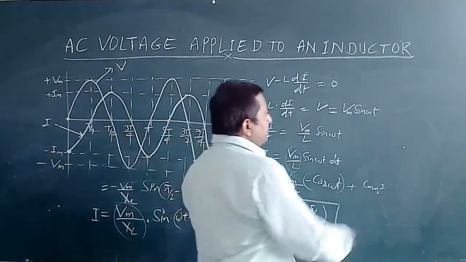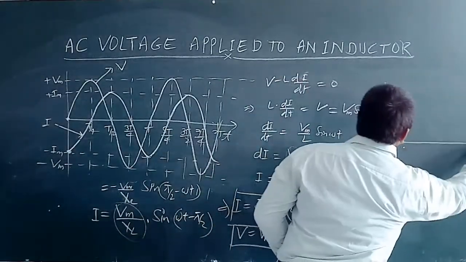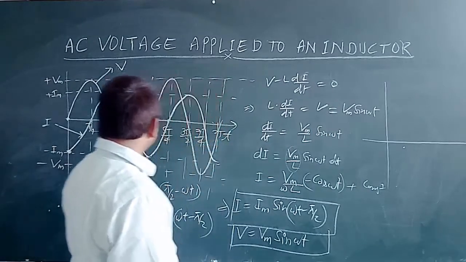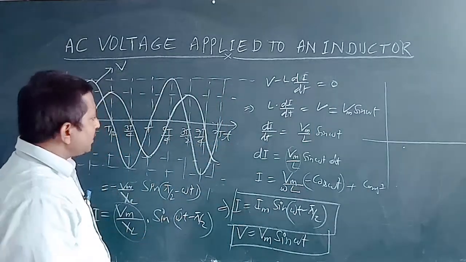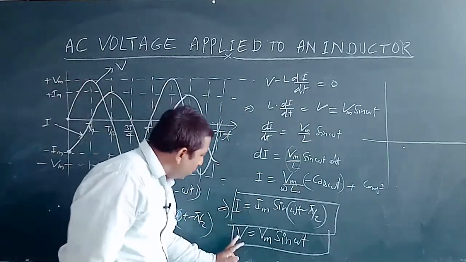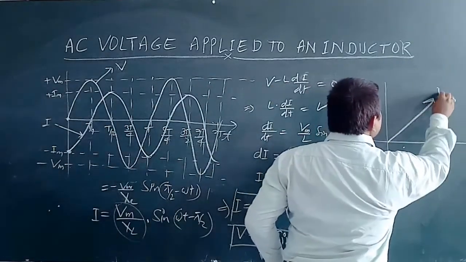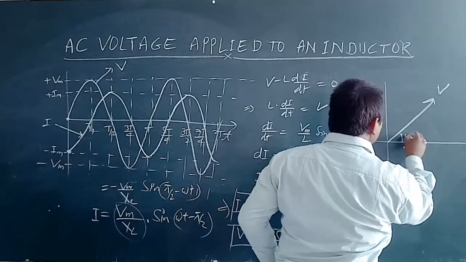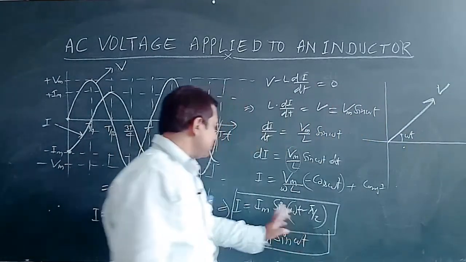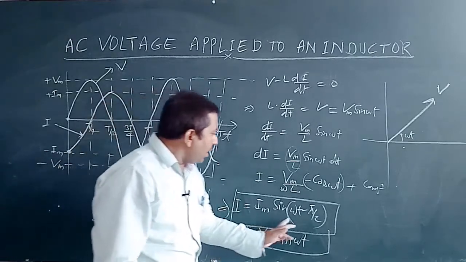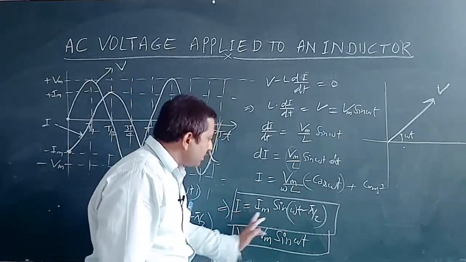Now if we plot a phasor diagram for the voltage and current on a single line, then as we know, if we plot this line which represents the voltage, it makes an omega t angle with the axis. Okay, so what will be the argument of the current with the sine?